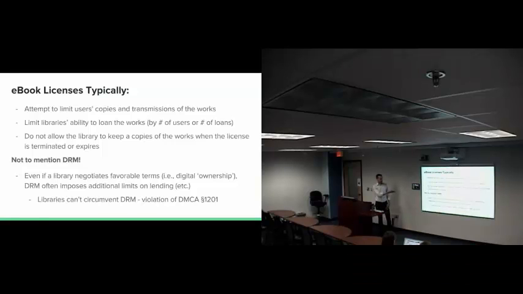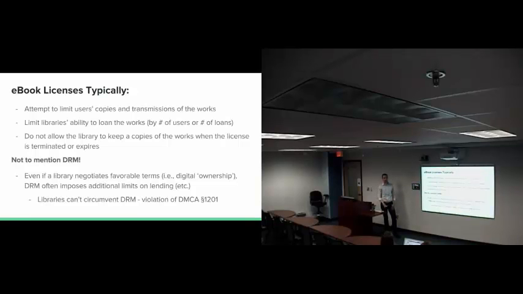And of course, none of this is even to mention DRM, digital rights management, which can trump, even if you work really hard to negotiate against these kinds of requirements. Say you manage to get perpetual access rights to the content, and then the publisher applies really thorny digital rights management restrictions so that you can't, in practice, preserve any of the content or copy it without circumventing the digital rights management.